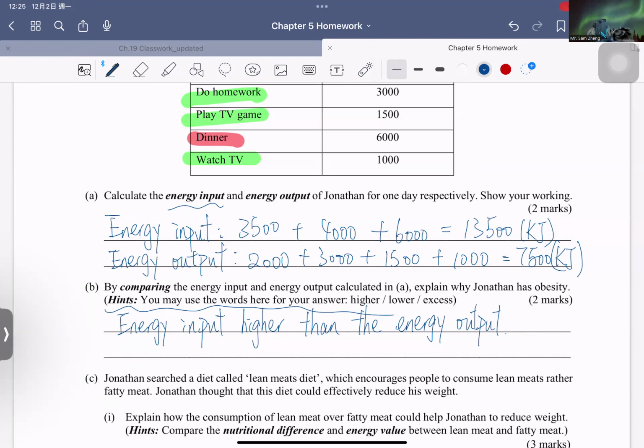So the excess energy will be accumulated and stored as fat in the body.